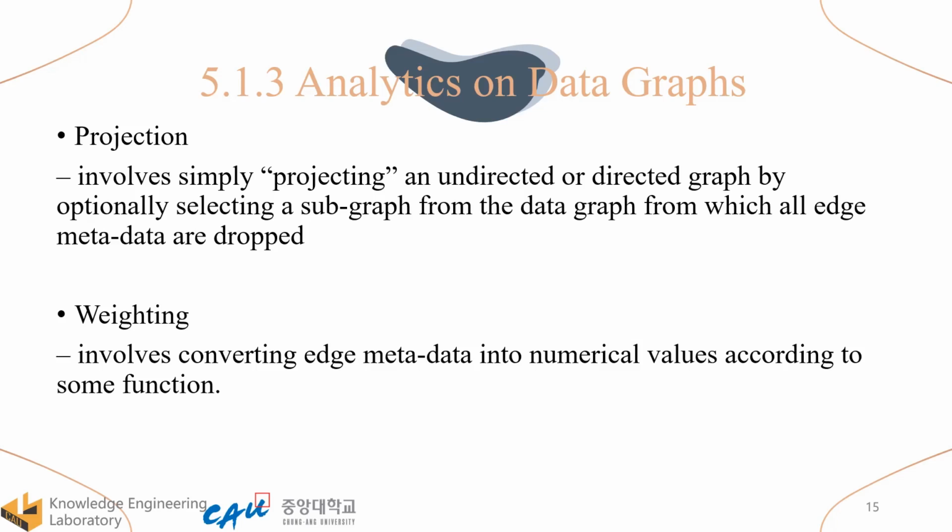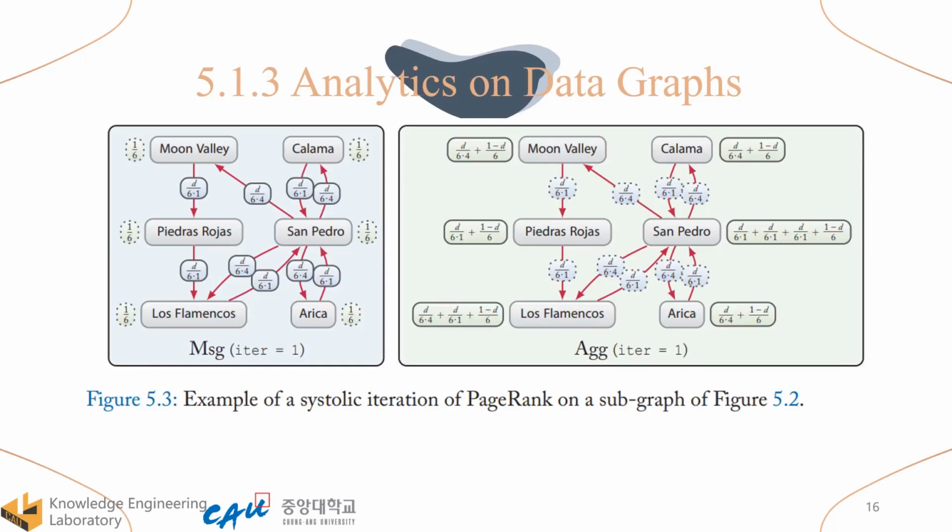Weighting involves converting edge metadata into numerical values according to some function. Many of the aforementioned techniques are easily adapted to the case of weighted graphs. For example, the graph of Figure 5.3 may be the result of extracting the subgraph induced by the edge labels bus and flight from a large data graph, where the labels are then dropped to create a directed graph.